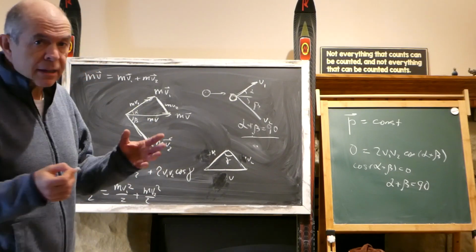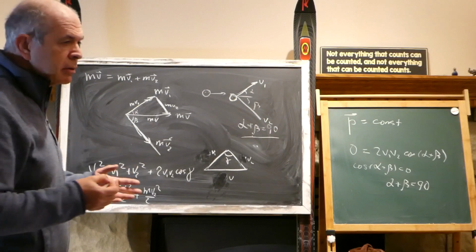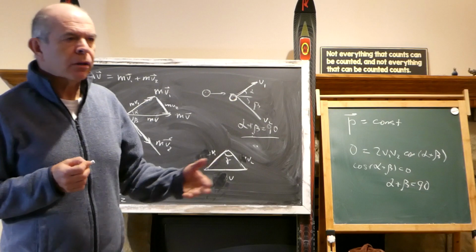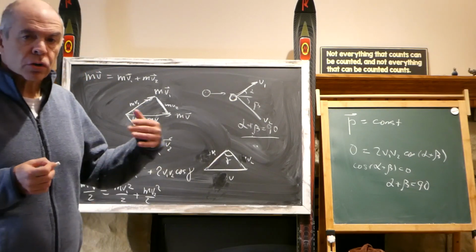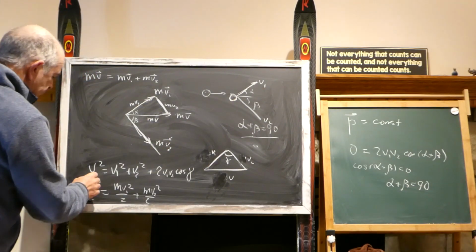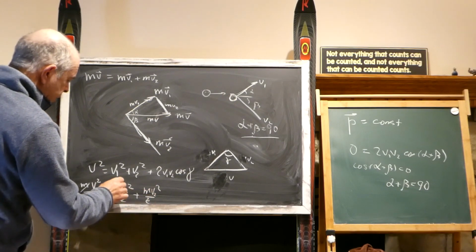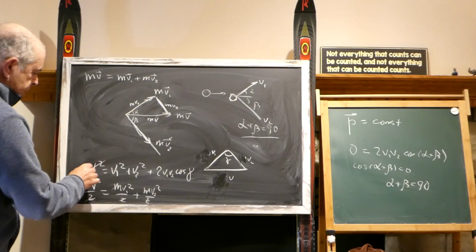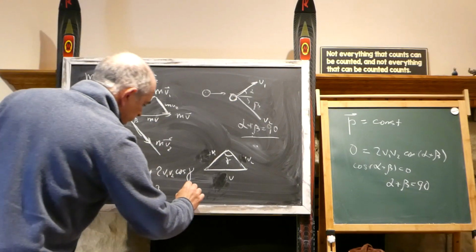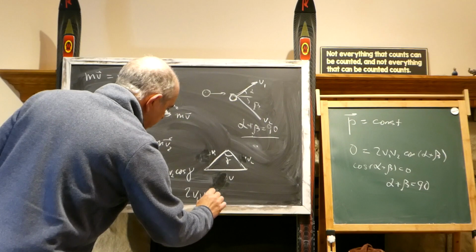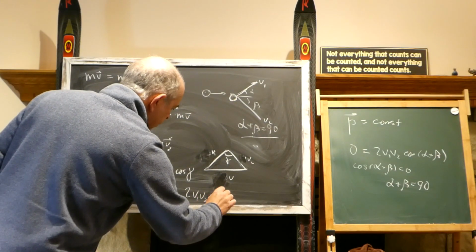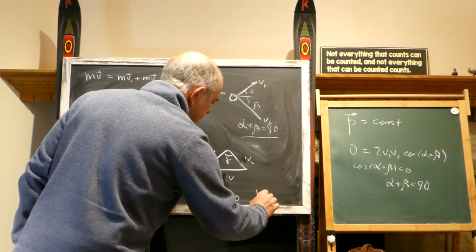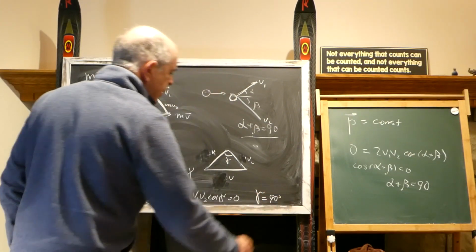And that's the only way that we can solve the problem, if we add not only the law of conservation of momentum, but also the law of conservation of energy. And again, m is gone, 2 is gone, it's everywhere. So we have that v squared equals this, so this would be gone, and we will have 2 v1 v2 cosine gamma equals 0, and we have that this gamma equals 90 degrees.